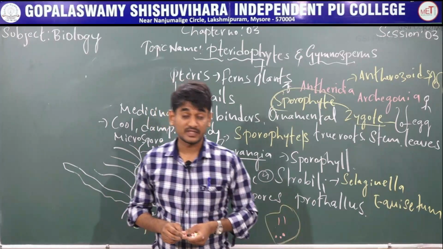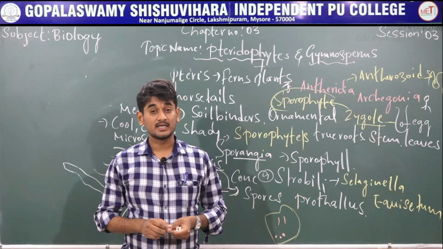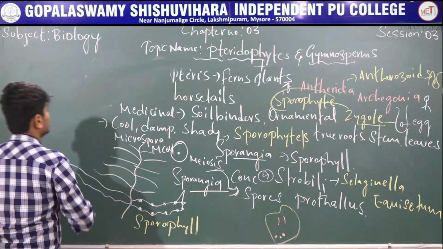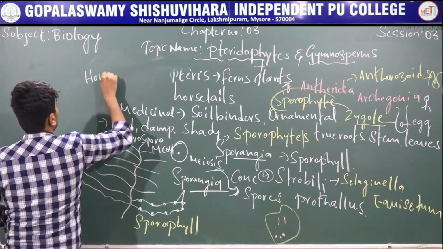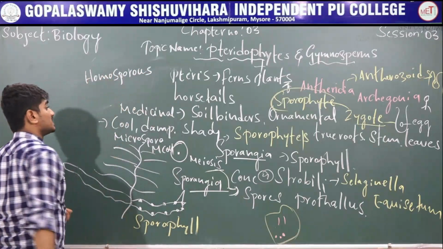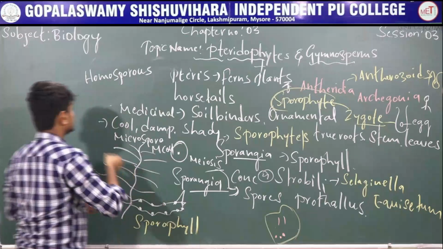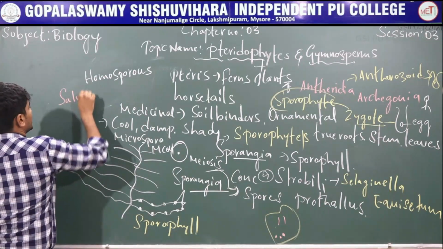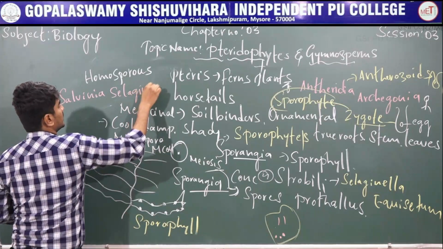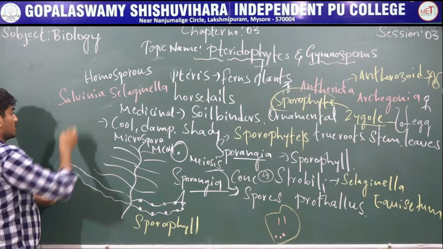In the majority of the pteridophytes, all the spores are of similar kind. Such plants are called homosporous. Homo means same. But in some genera like Salvinia and Selaginella, they produce two different kinds of spores.